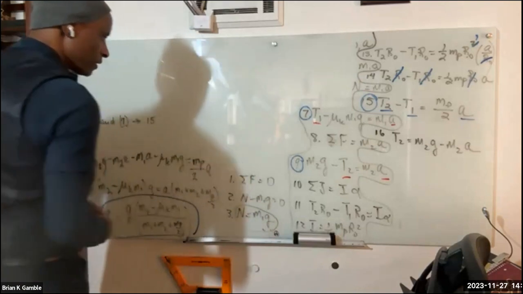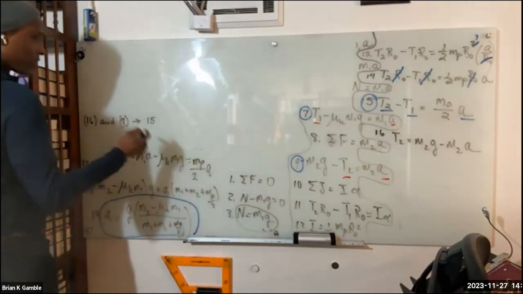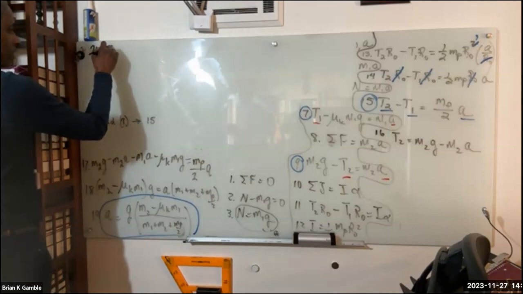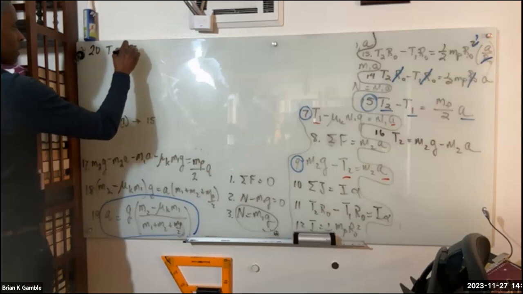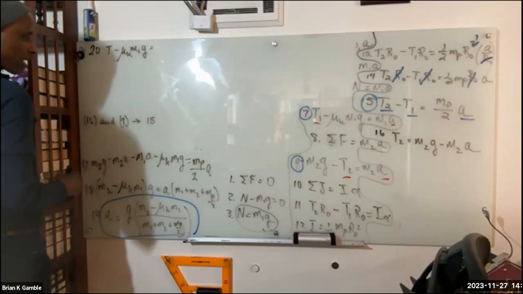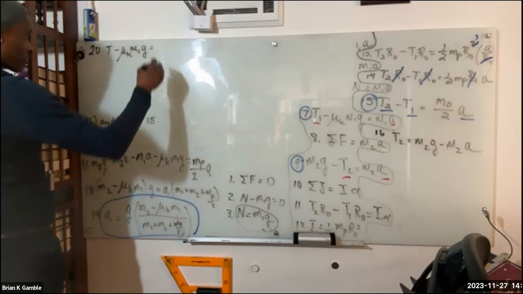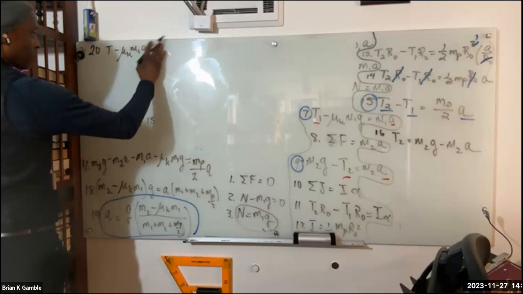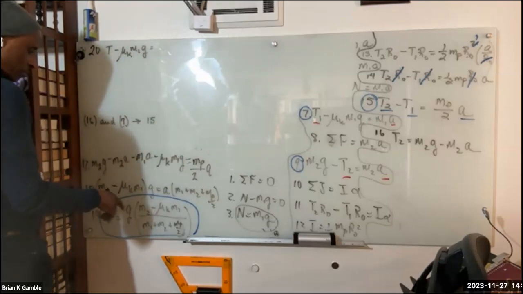Okay, so T1, if I put this guy in there, I'm going to get, call this equation 20. So T1 minus mu k m1 g is equal to basically a times that. So that's just an m1 times all that.